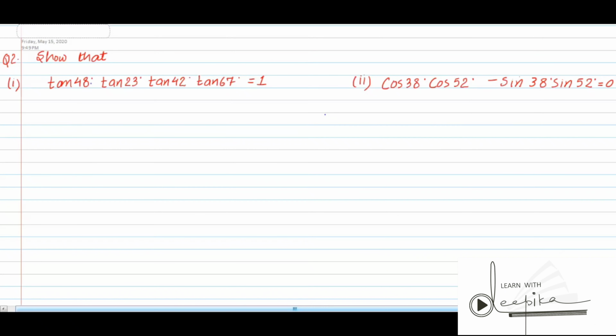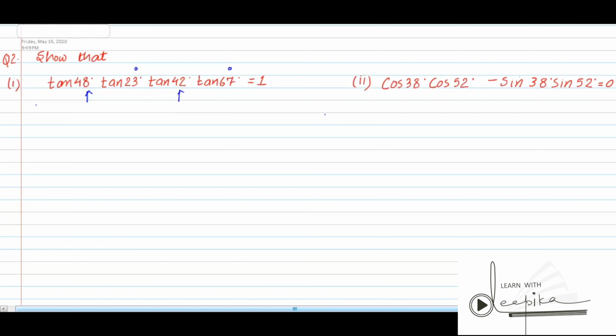Question number 2, show that first part is tan 48 degree, tan 23, tan 42, tan 67 is equal to 1. Student, you can see 48 degree and 42 degree are complementary angles, whereas 23 degree and 67 degree are also complementary angles. So I'll convert this tan in the form of cots.